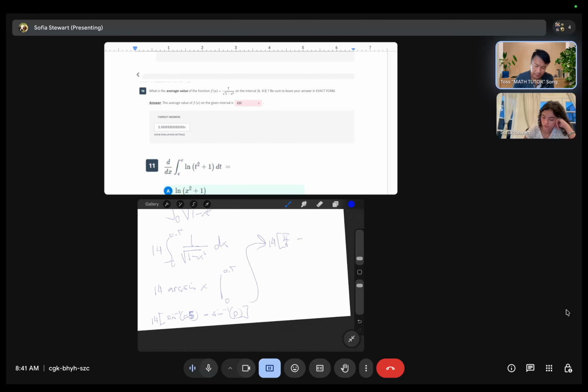And then what angle will give you the y value of 0? 0. Because it's 0. So the answer should be 14 pi over 6, but reduce that. What is that? 7 pi thirds.